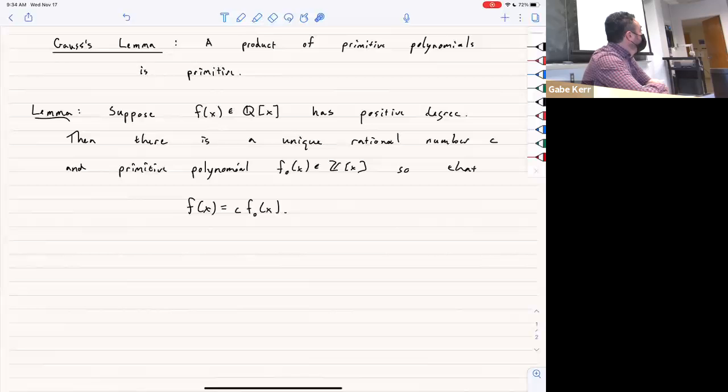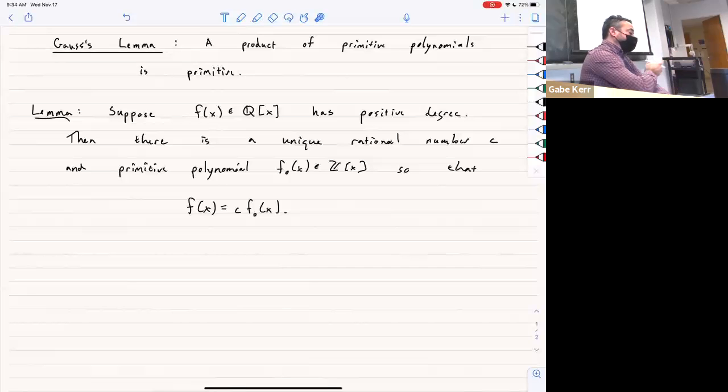Let's give you a rational polynomial and ask, does there exist a rational number and primitive polynomial? So are you saying like clear all the denominators of f? Right, okay.